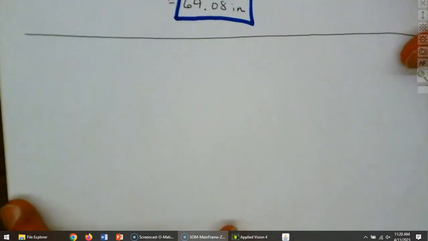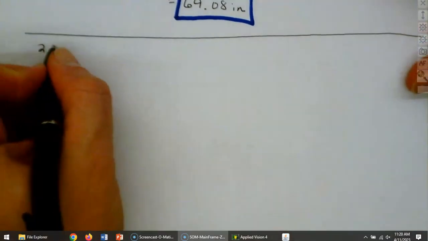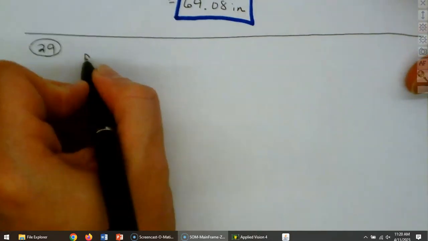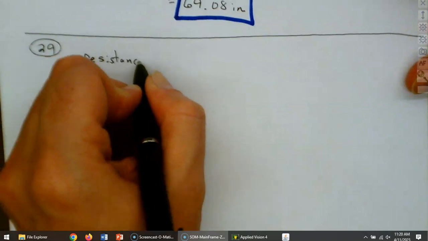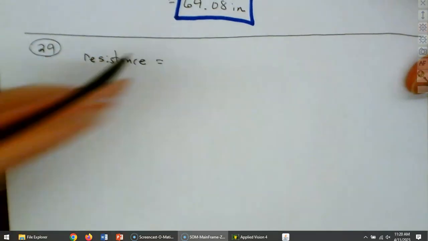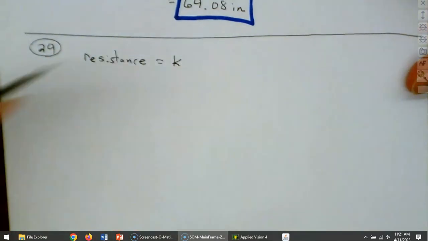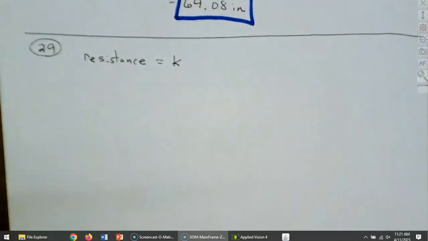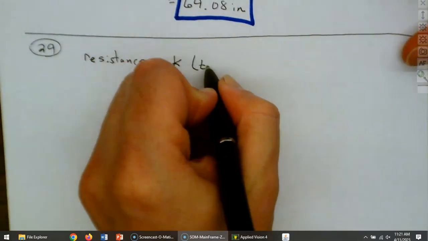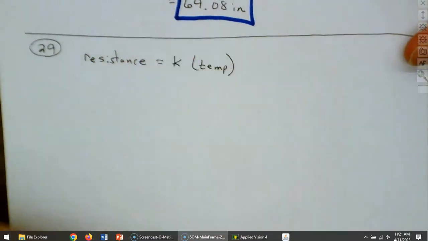Resistance varies directly, so that means the resistance of this wire is going to equal K times the temperature.